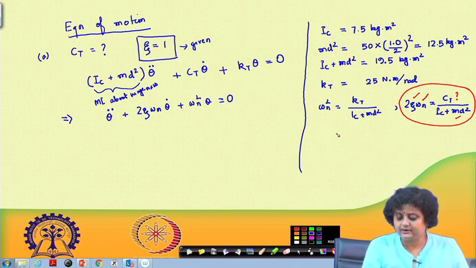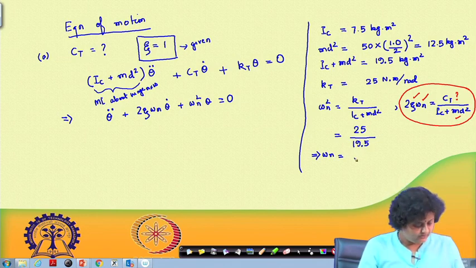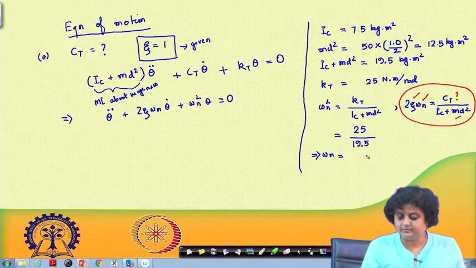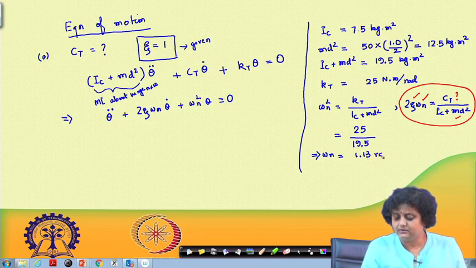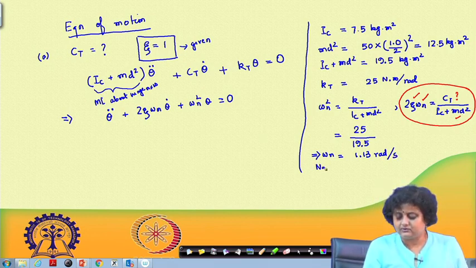Natural frequency omega n square is therefore 25 by 19.5, which implies that omega n is the square root of this. If you evaluate this, you will see it is 1.13 radian per second. So, this is my natural frequency.